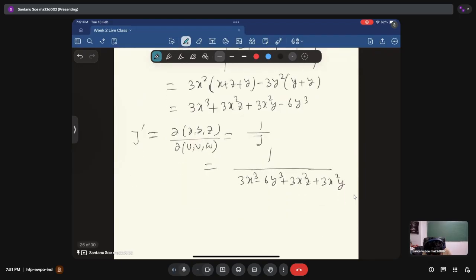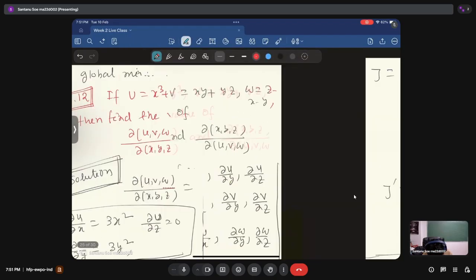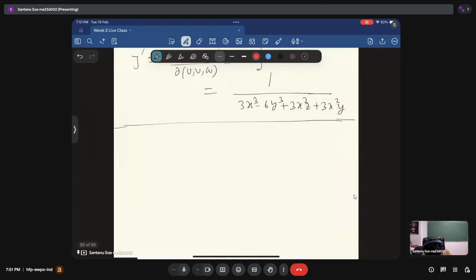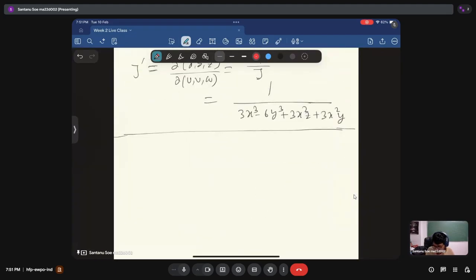So this should be the answer. Okay. So now we're going to go into the next question, which is question number 13. And hopefully this will be the last question.